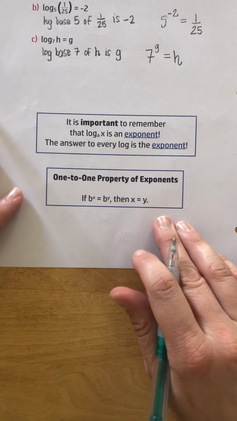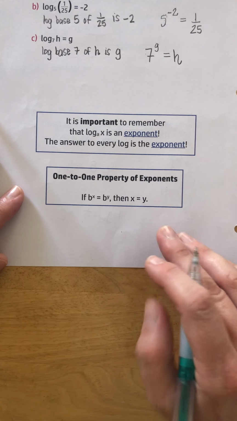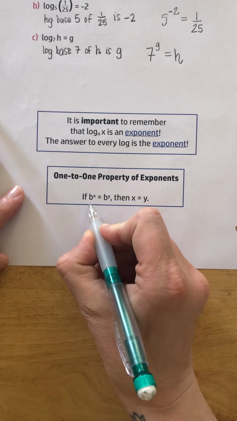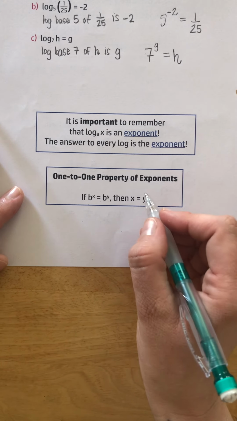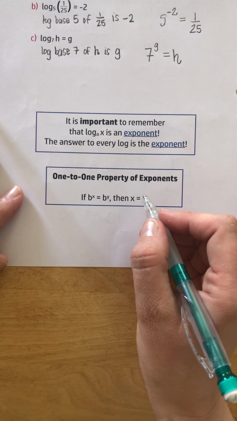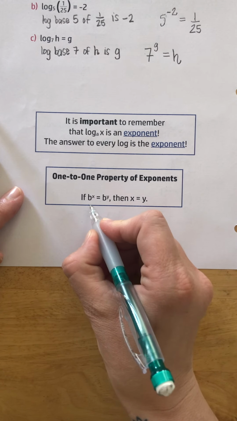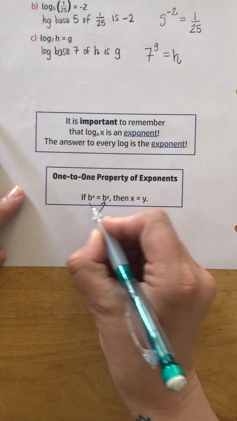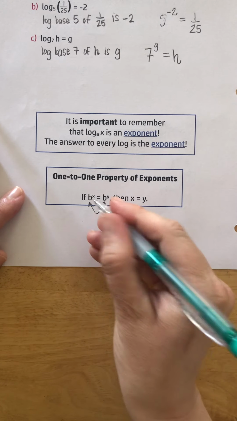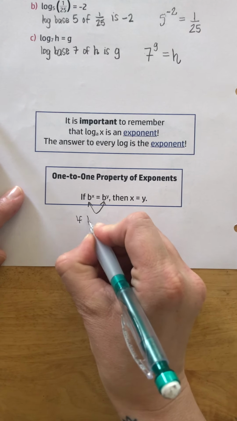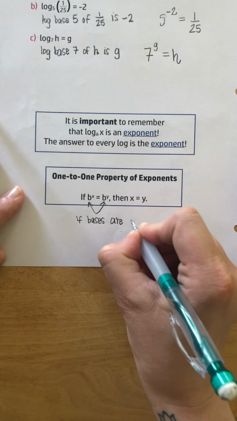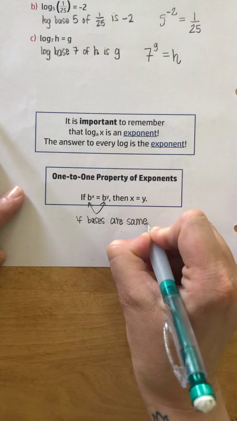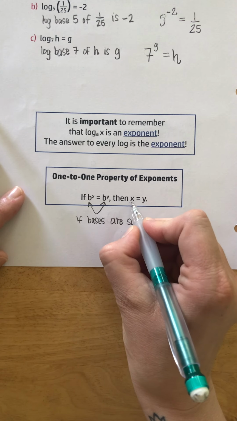Now we also have what's called a one-to-one property of exponents. And it says, if b to the x equals b to the y, then x equals y. And I know some of y'all don't like math if there aren't numbers in it. Basically, this is what this is saying. If the bases are the same, then guess what?